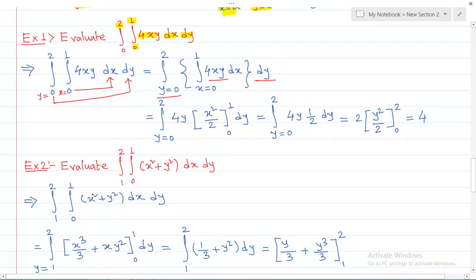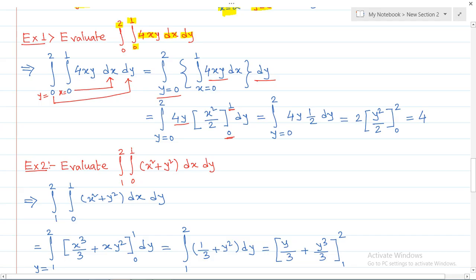Whenever we perform it with respect to x, we think of 4 and y both as constants. So 4y is taken out. The integration of x with respect to dx is x square upon 2. The limit of x we substitute, that is 0 to 1, and the last integration we have to perform is with respect to y.